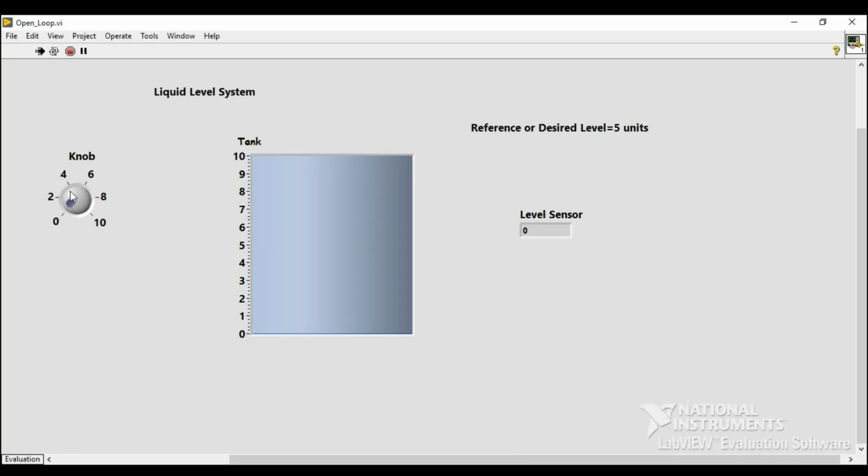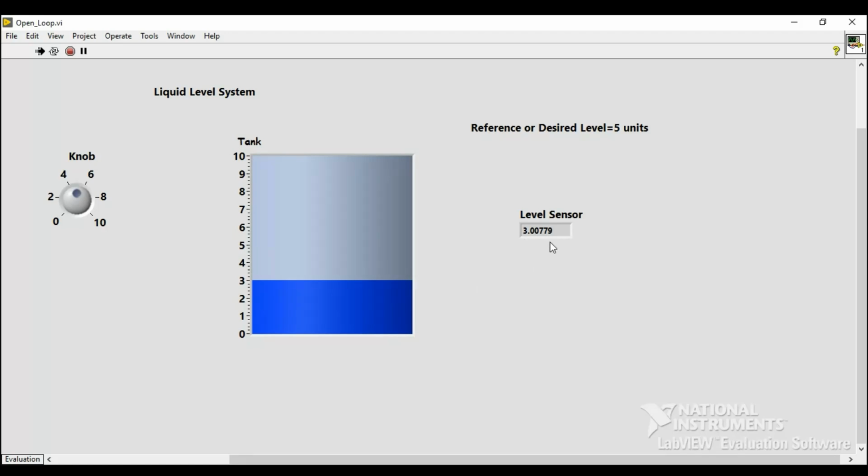So the man controls this knob, sets it at 5 so that he gets a level of 5 units in the tank. Now the knob is approximately at 5. This is the level of liquid in the tank.